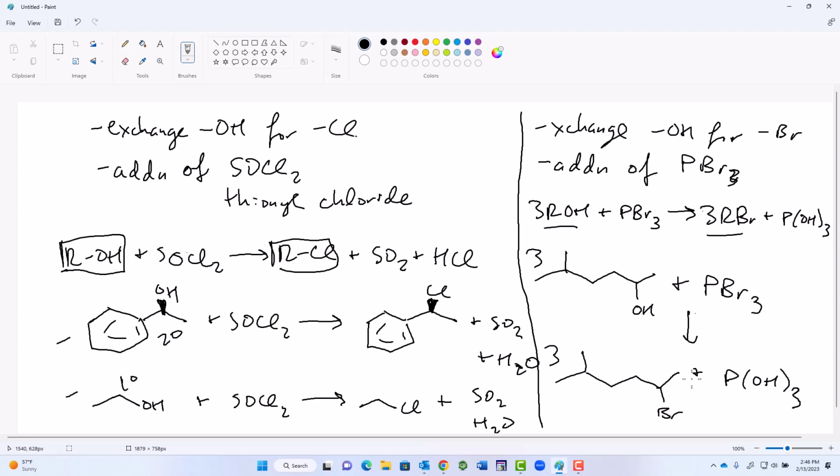So these are both good ways to exchange. In this case, we exchange an alcohol for a chloride, or if you wanted to exchange an alcohol for a bromide. And we'll get into reasons we would want to do this later in the semester. But for now, just be aware that there are other ways to convert alcohols into alkyl halides besides adding the mineral acid.